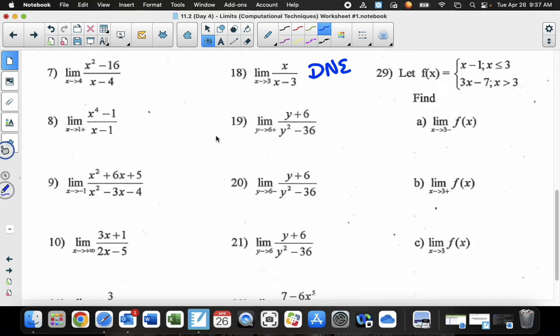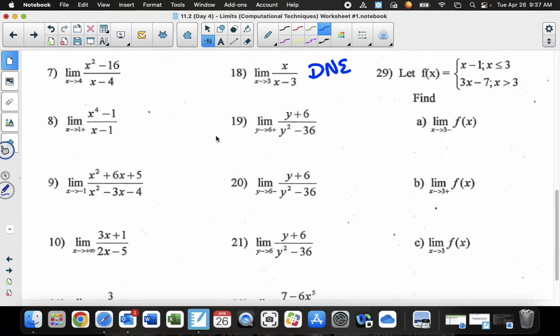Which means I don't need a graph, just plug it in. If I'm approaching 3 from the right, isn't that just the bottom equation? Just plug it in. Okay, so I don't actually need to graph these. Since you're switching from 3 to the left, 3 to the right, you can just use the appropriate equation and still just do direct substitution.